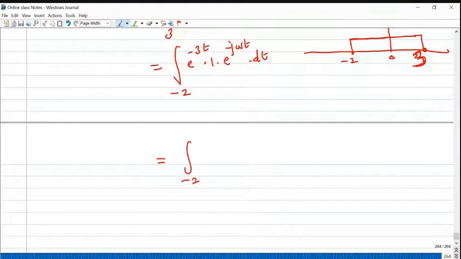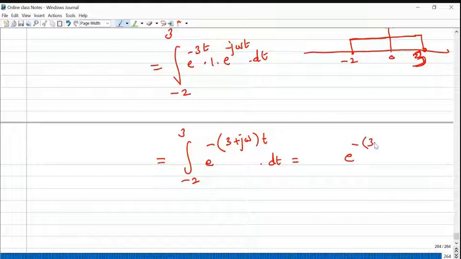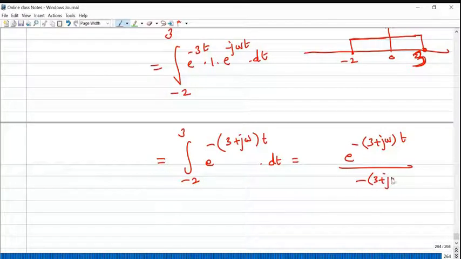So minus 2 to 3, e power minus 3t take outside. So you will get 3 plus j omega into dt. So e power minus 3 plus j omega t divided by minus 3 plus j omega.